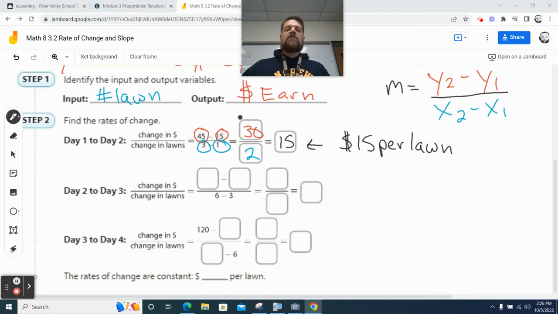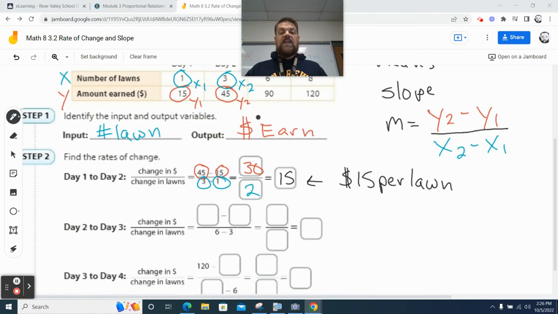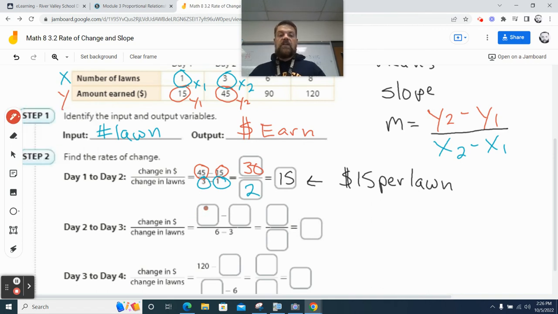So now, wait. We got to back up. We want to go from day 2 to day 3. So we start with day 3. So in here, what do I put for my second y, or my y from day 3? 90 minus what? 45. And then we get 6 minus 3. What's 90 minus 45? 45.